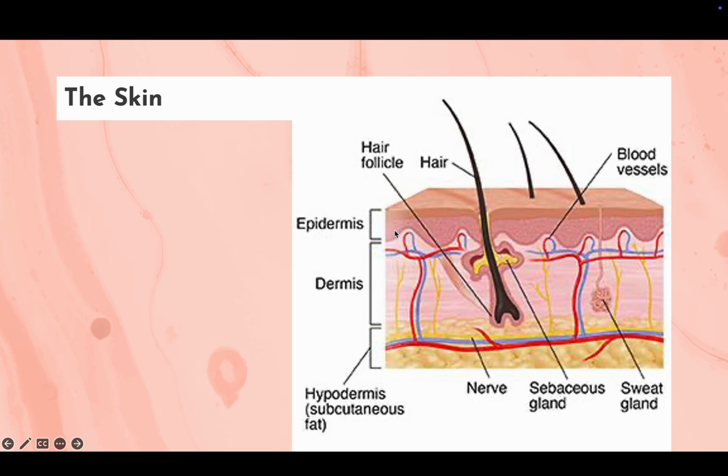But here's your epidermis. Again, that's the outer layer of your skin. Again, there are 5 layers in what's called thick skin. Thick skin is in your palms and the soles of your feet. There's only 4 everywhere else.